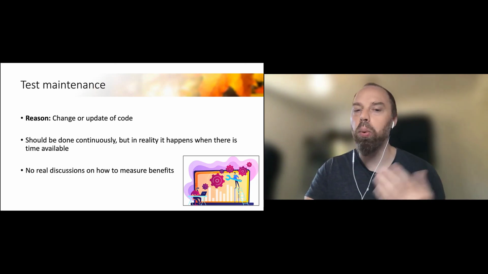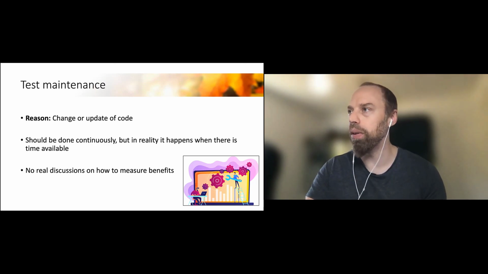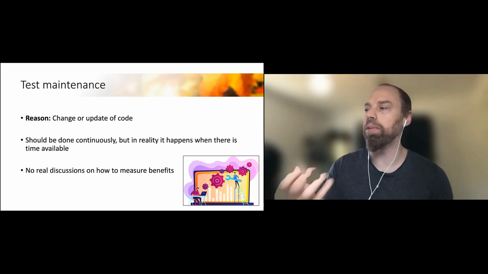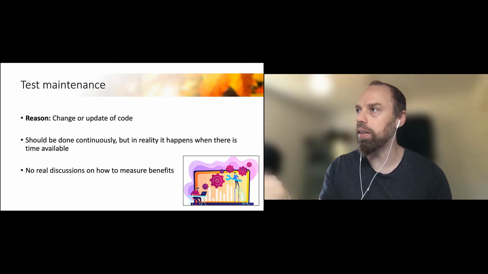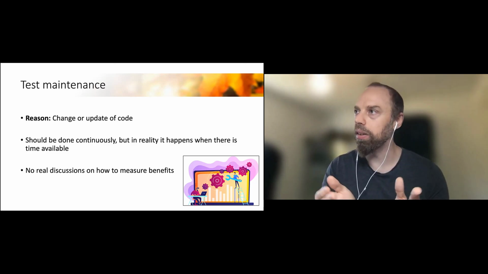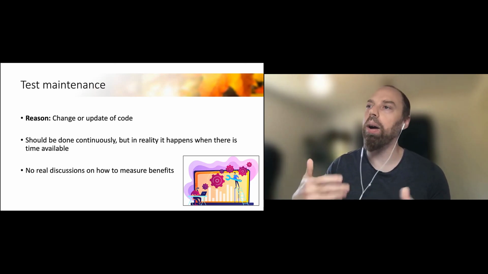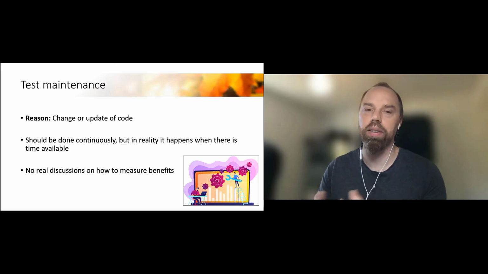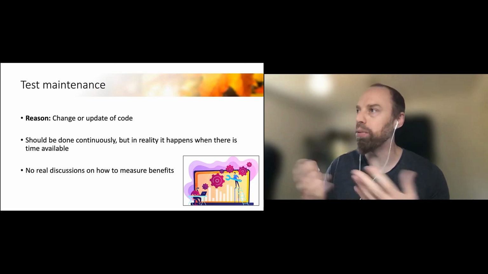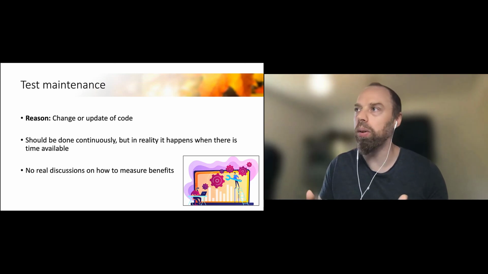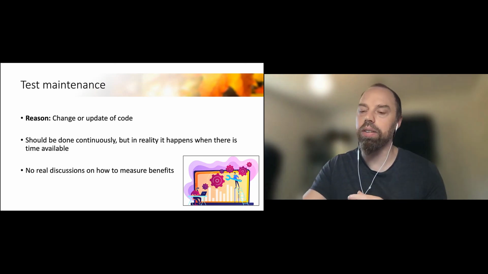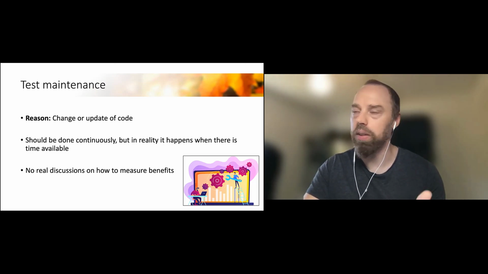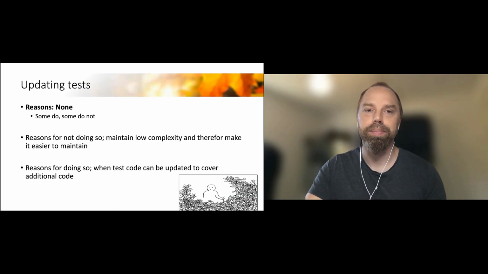Once more here, no real discussion about how to measure benefits. For instance, if you have 10 broken test cases, you might have a limited budget, as already mentioned. How do you prioritize which test cases to maintain first? Or should you maintain all of them all the time? Very little is given from the interviews in terms of how to reason about that.